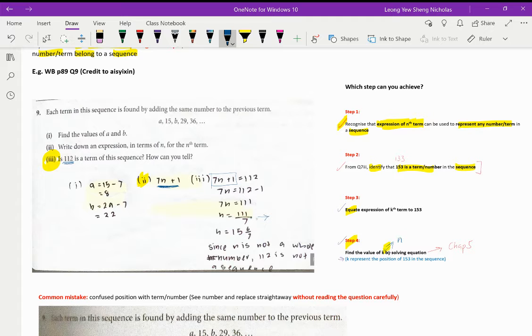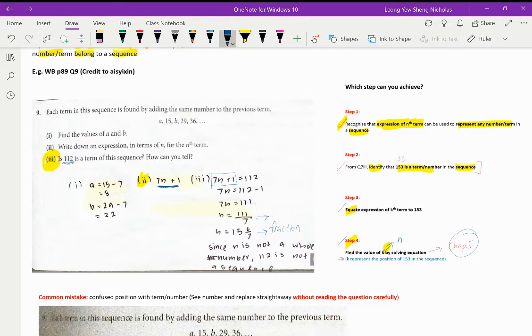If you're not familiar with how to solve this equation, go back to chapter 5 and do a quick revision, or you can WhatsApp me. So n equals 111 over 7. If you press it in your calculator, you notice that it gives a fraction. Since it gives a fraction, it cannot be a position in a sequence. Why?